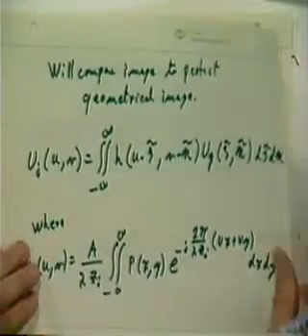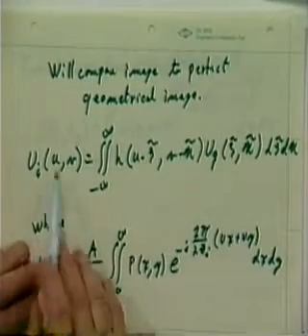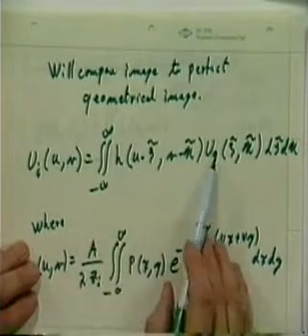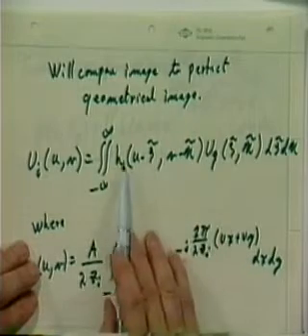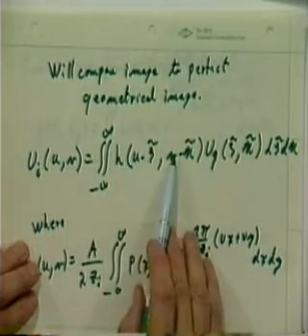Now back here we had the amplitude of the image equal to the perfect geometrical image convolved with this point spread function.